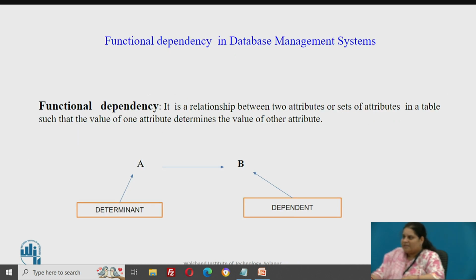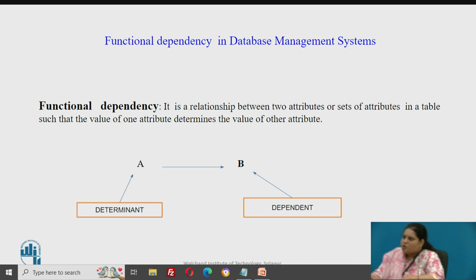So here we will see what exactly functional dependency is. It is a relationship between two attributes or sets of attributes in a table, such that the value of one attribute determines the value of the other attribute. For example, A and B are two attributes.